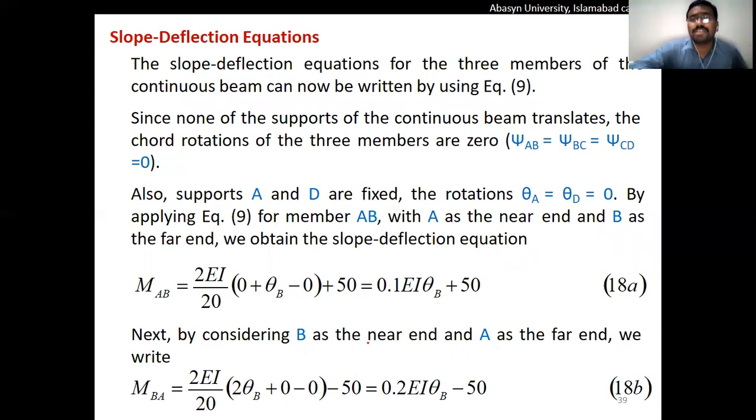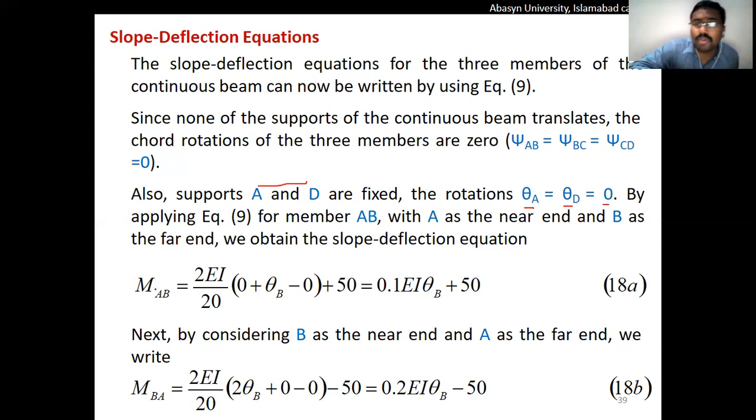Now, writing the slope and deflection equations, we know that points A and D are fixed in the actual beam. Indirectly it means that the rotation at point A and the rotation at point D will be equal to 0.